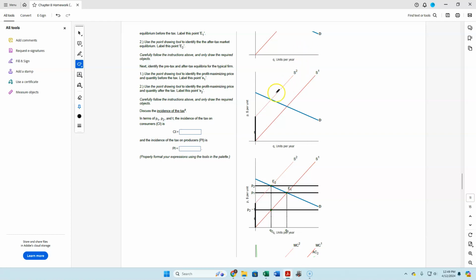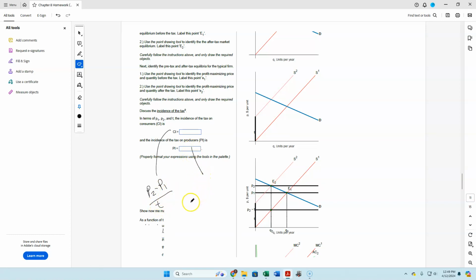Well, that we would find definitionally. This isn't unique to this problem here. That would simply be the difference in the prices paid divided by the tax. So there'd be some portion there.